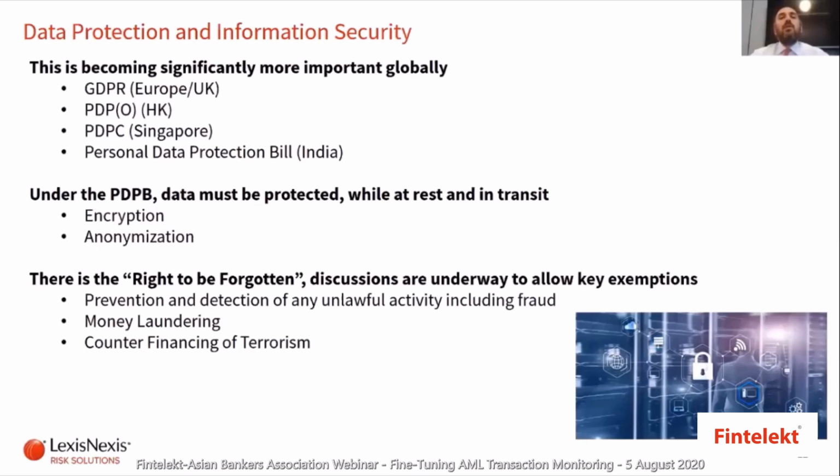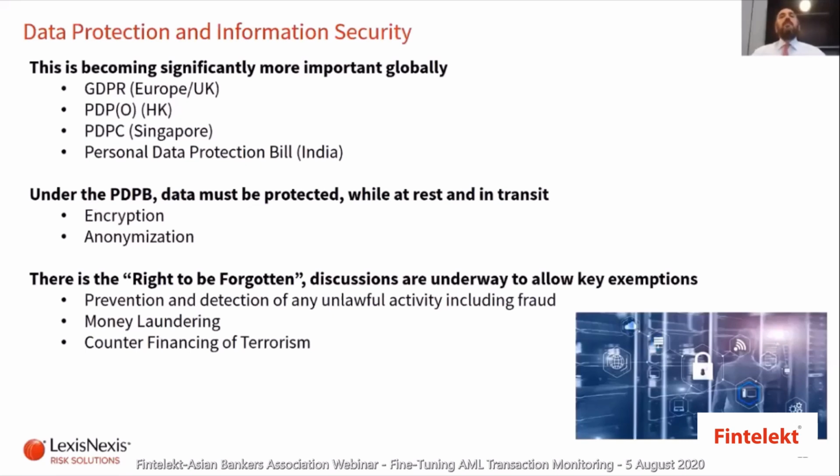And so the key discussions that we're having are around exemptions for the prevention and detection of unlawful activity, including fraud, money laundering, and counter financing of terrorism, which is our key area in which we're working. The ability to keep transaction data is essential if the purpose of it is to try to find fraud, money laundering, or financing of terrorism.